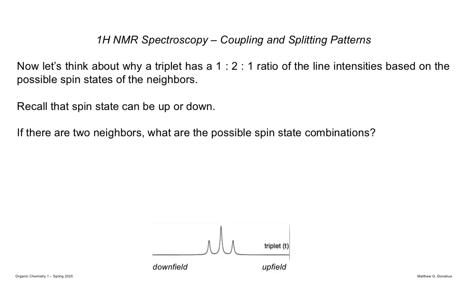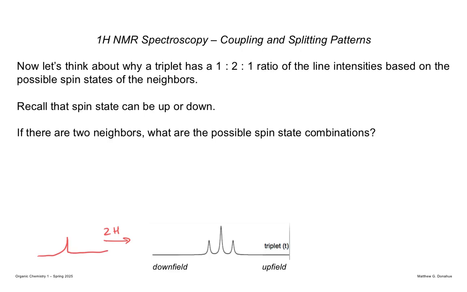So let's see if we can do the same thing now. Again, I don't have it here, but there's our first approximation. And now we say, okay, that signal has 2 H neighbors. It's leading to a triplet. How do we explain why the center peak is twice the height? The way that we're going to do that is, remember, each hydrogen can be either spin aligned or spin opposed.